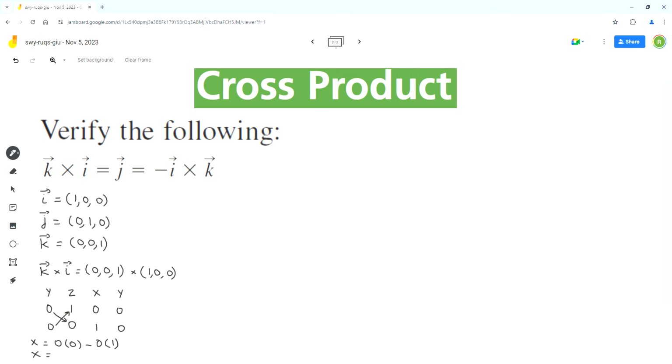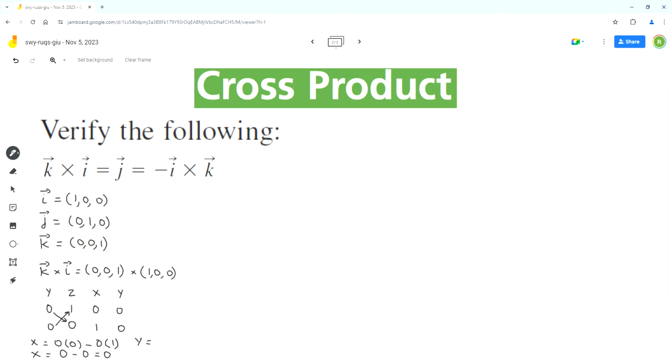So 0 times 0 is 0 and 0 times 1 is also 0. So we get 0 as the x component for the vector that will be the cross product of these two vectors.